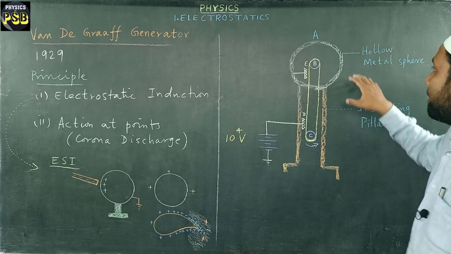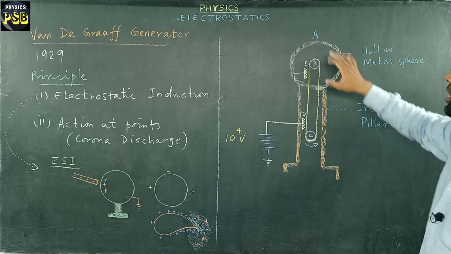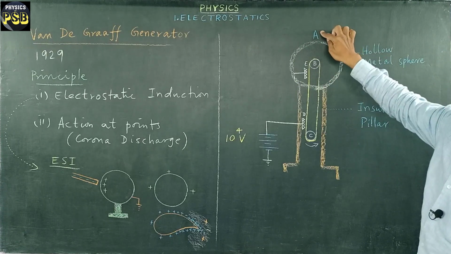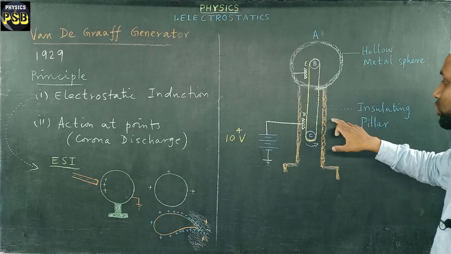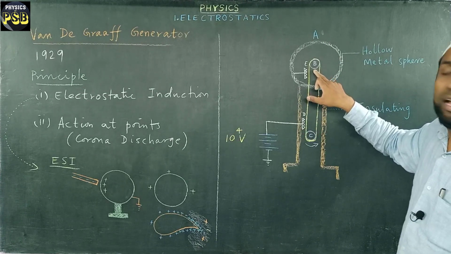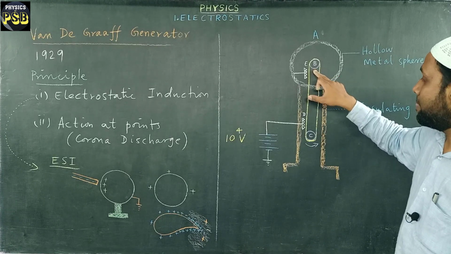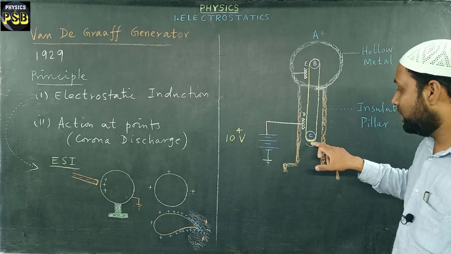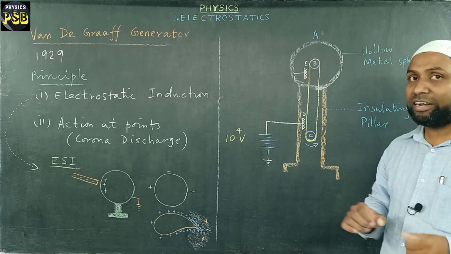I repeat this quickly. A Van de Graaff generator consists of a hollow metal sphere represented by letter A, mounted on insulating pillars. Then at the center there is a pulley B, and below that there is one more pulley C, which is driven with the help of an electric motor.